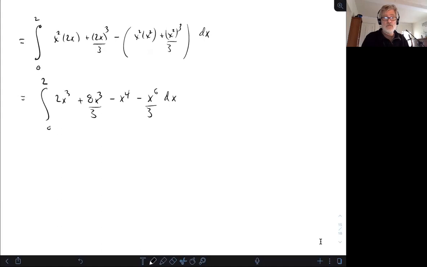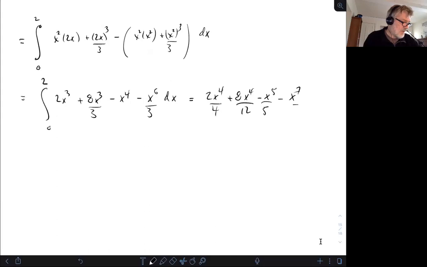Nice polynomial, easy to integrate. Right, you're not supposed to have any y's left. You've integrated with respect to y, used the fundamental theorem, you replace, and so you get 2x to the 4 over 4 plus 8x to the 4 over 12 minus x to the 5 over 5 minus x to the 7 over 21 between 0 and 2.